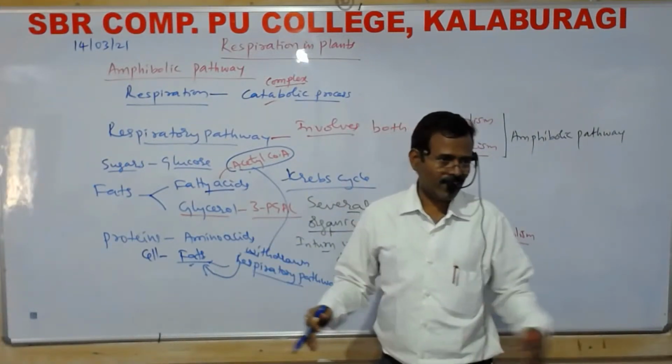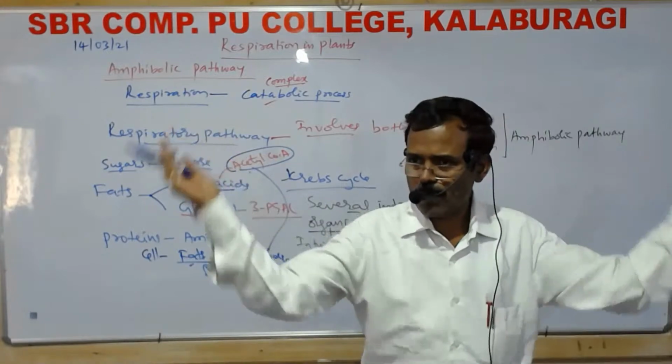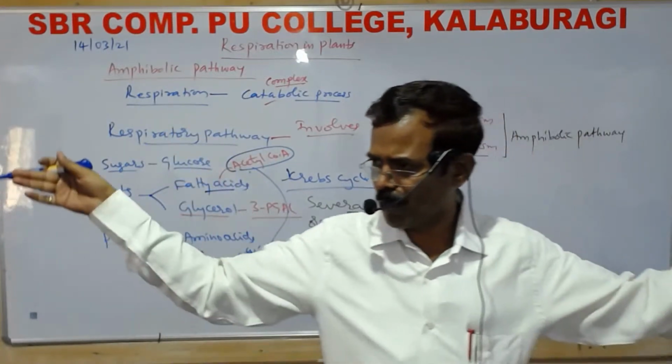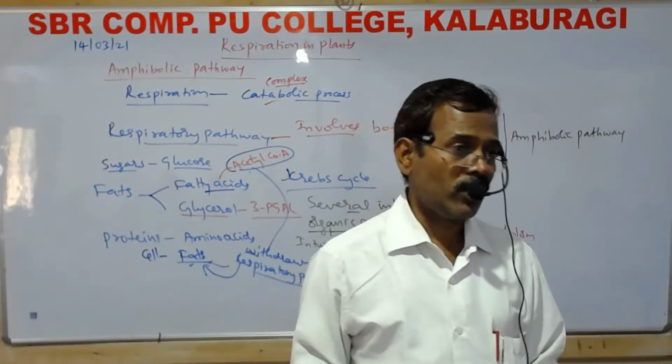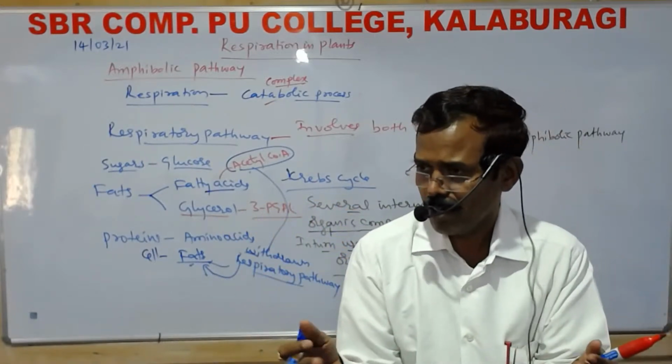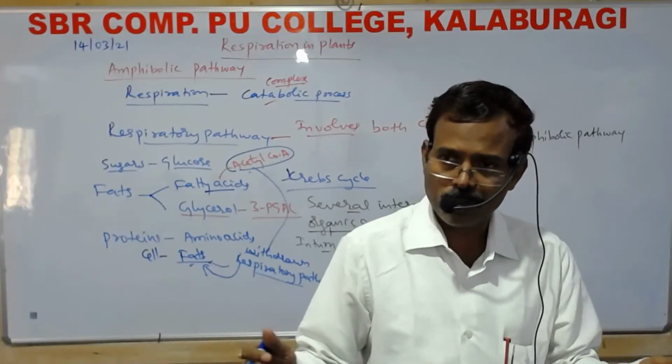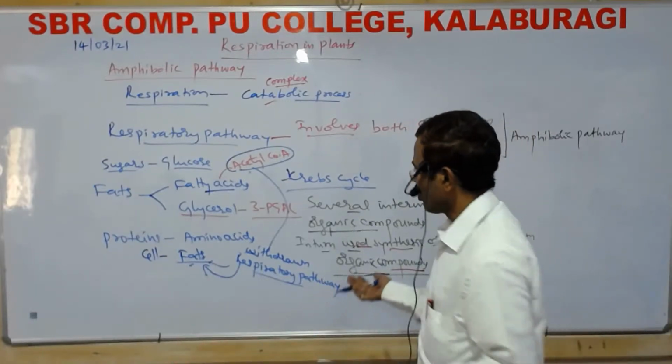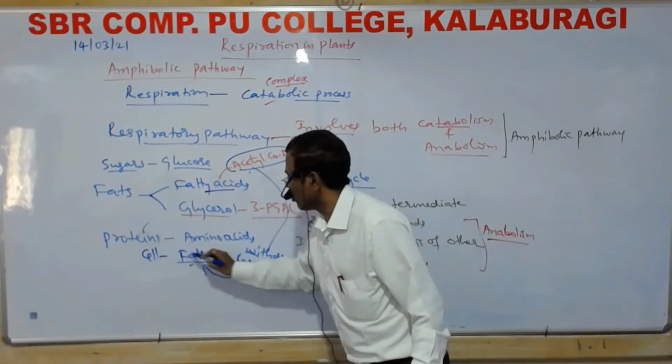So initially, it involves breakdown of the complex organic molecule to form simple molecules. But later on, when the cell is in need of fat or protein, such simple compounds can be used, and that results in the synthesis of either protein or fats.